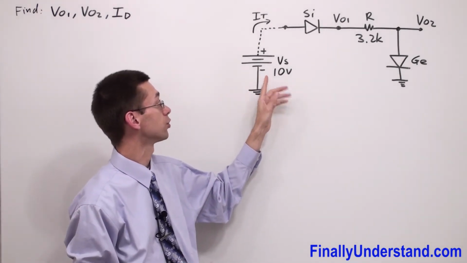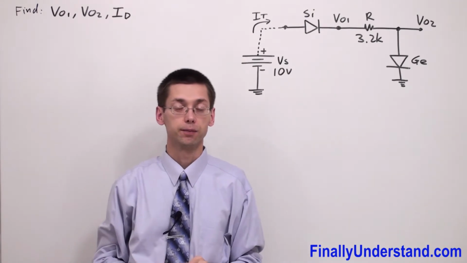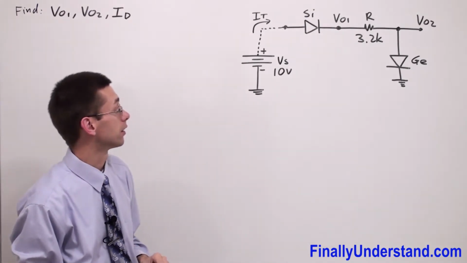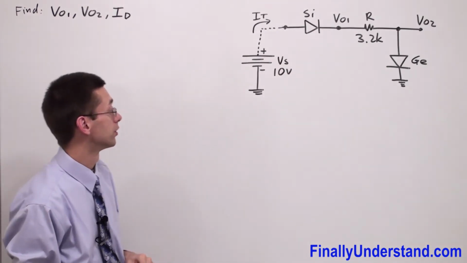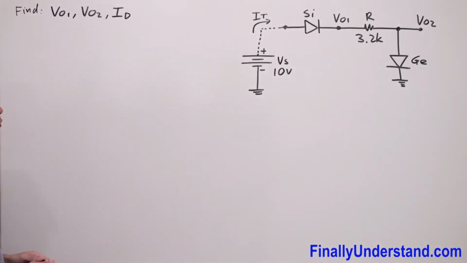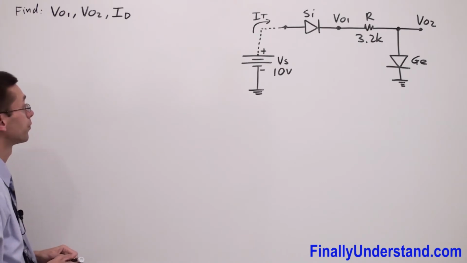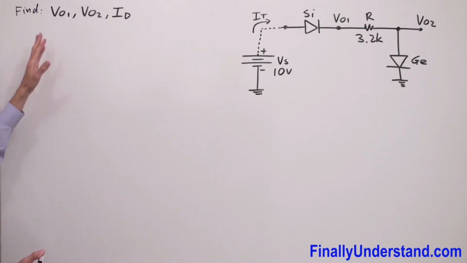So if I have 10 volts, for sure the diodes are going to pass the current, they are in the on state.